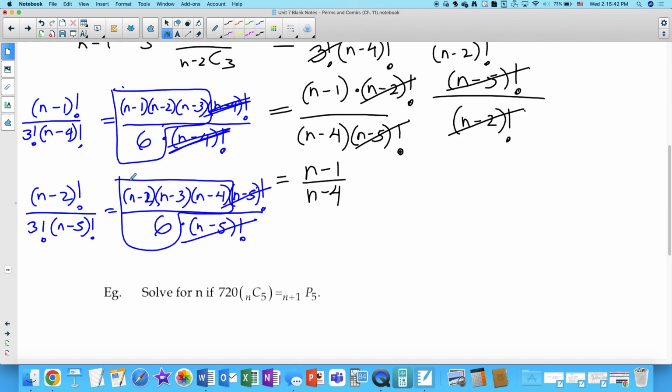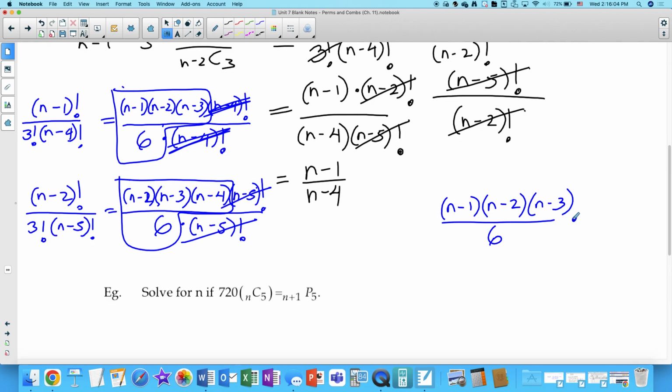Now what I'm doing at the end of the day is taking the first one, multiplying by the reciprocal of the second. So if I take the first one, over 6, right? Now I got to multiply by the reciprocal of that one because it was 1 over n minus 2 choose 3.